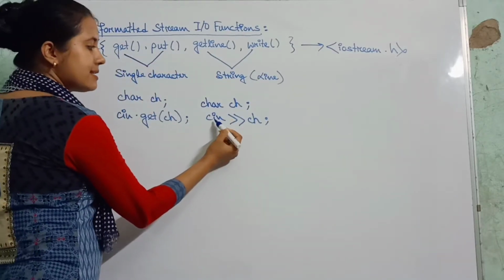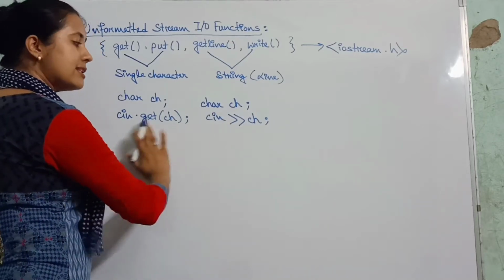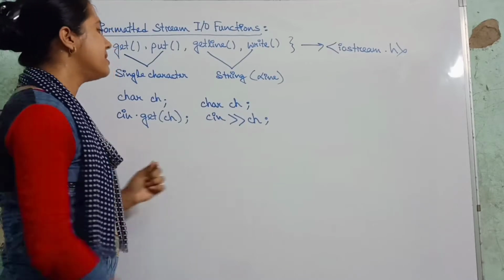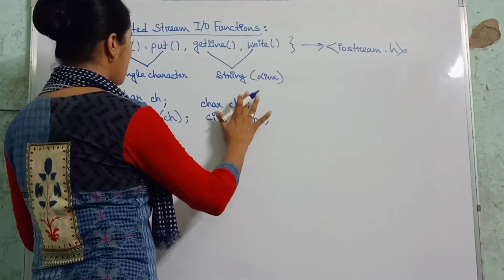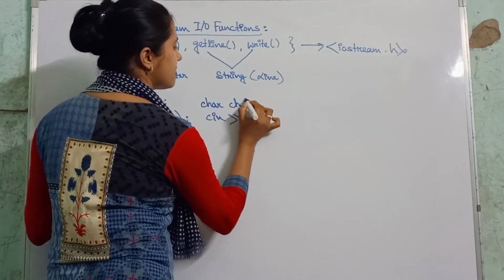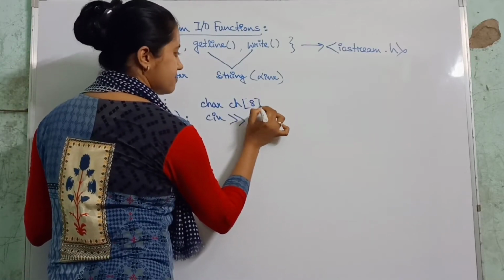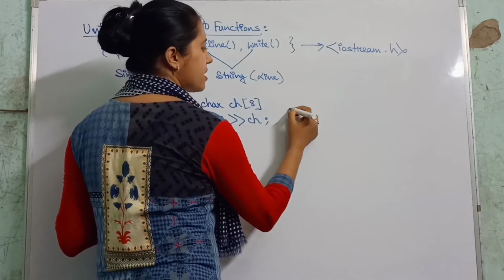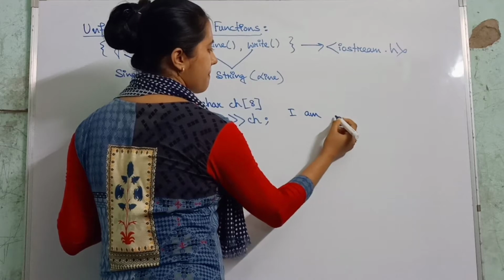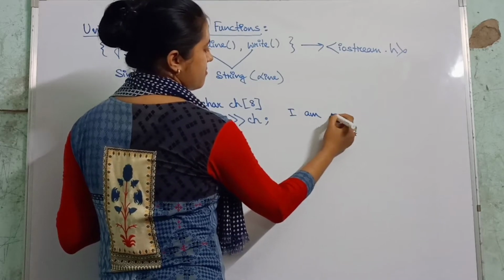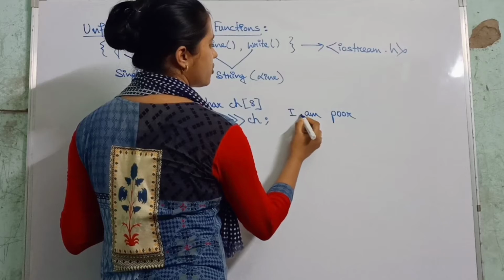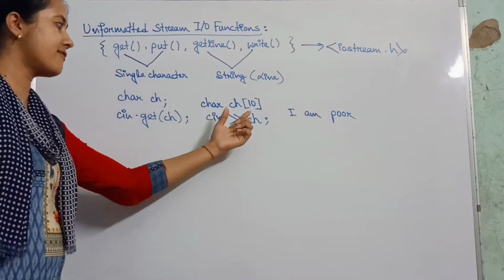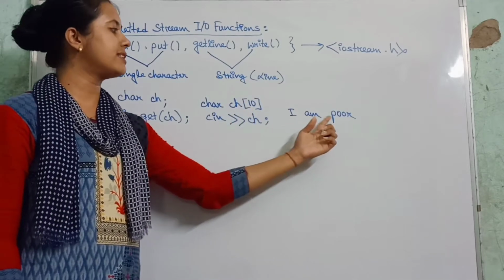Always remember this cin >> ch. There is a difference between these 2. Let us assume this character is having, suppose I have assigned 10, okay, and I have written like this.